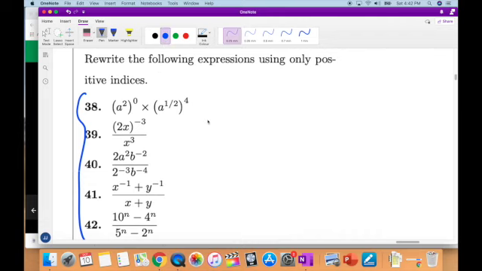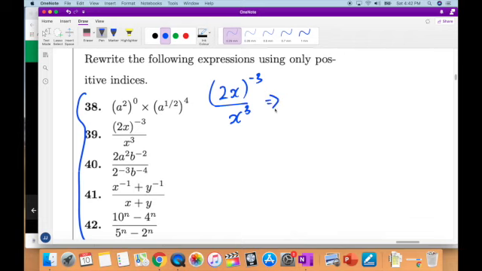This is 2x to the power of negative 3. So I have 2x, all to the power of negative 3, divided by x cubed.